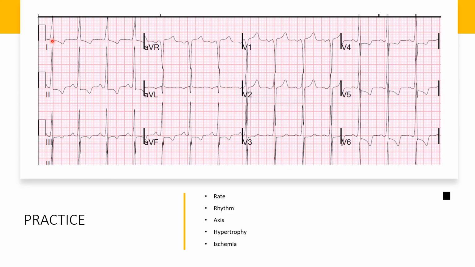I also have ST segment depression, or T wave inversion in lead 1, but these are those deep inverted waves that are frequently seen with hypertrophy. This might be something you would need to compare a prior ECG to. I also see some ST segment depression in V4 and V5. So, potential ischemia and left ventricular hypertrophy with normal sinus rhythm and normal axis is how I would interpret this ECG. Let's go to the next one.